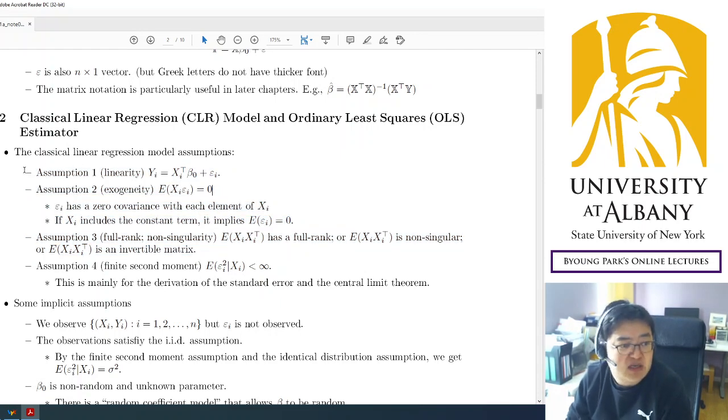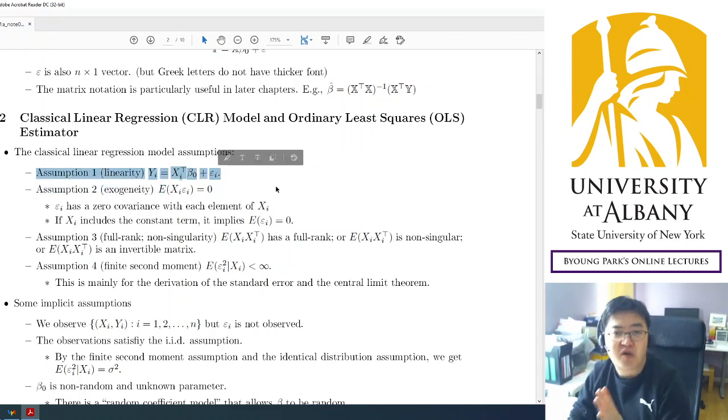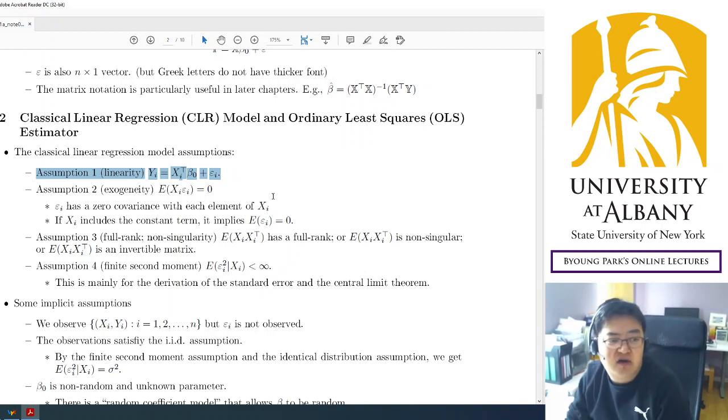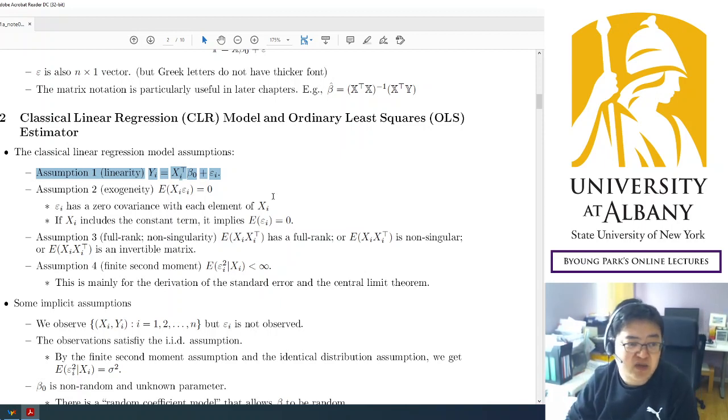Among these, linearity can be generalized to nonlinear cases later. So we are going to maintain assumption 1 for a while, just for simplicity. Relaxing the linearity assumption is not difficult at all, so we are not going to consider it at this point.